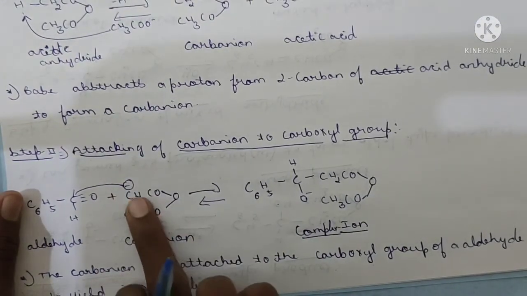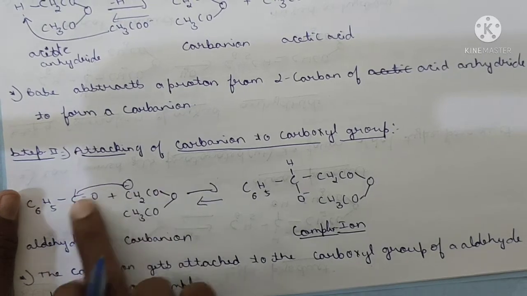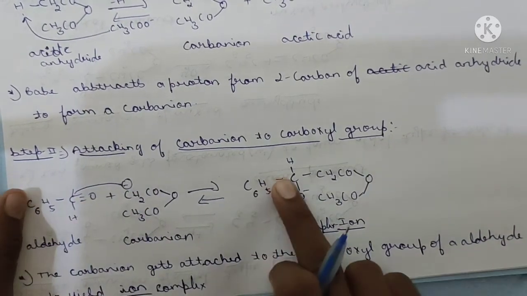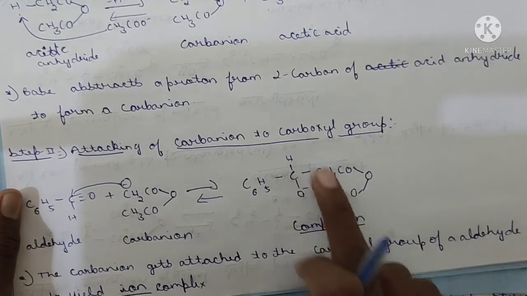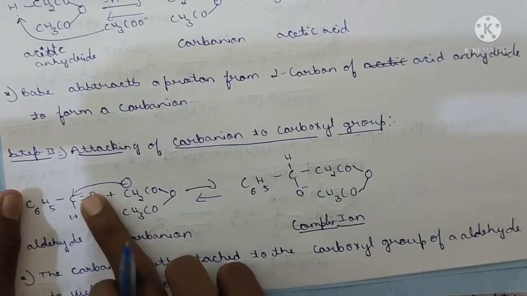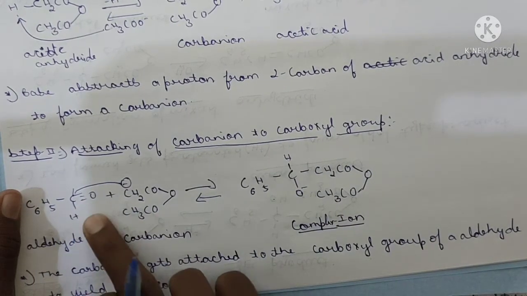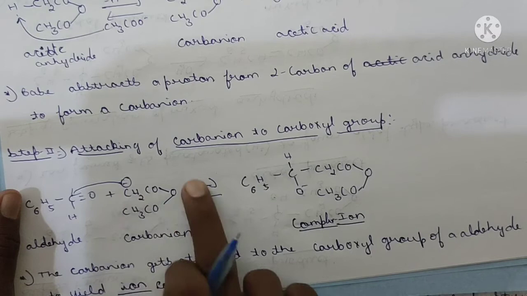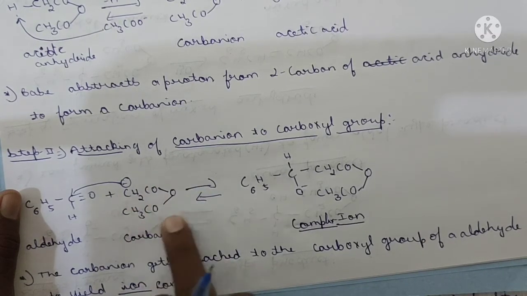After the attack of the carbanion on the aldehyde, C6H5CHO, the O shifts down as O minus, and the remaining part stays the same.